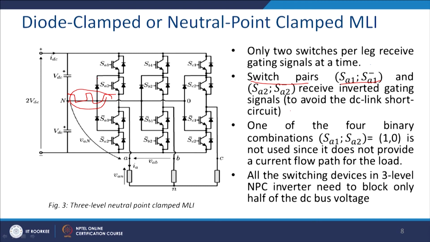Similarly, here this pair of switches will receive the inverted signals, and this pair of switches will get a positive signal. One of the 4 binary combinations is sufficient to represent those switches.